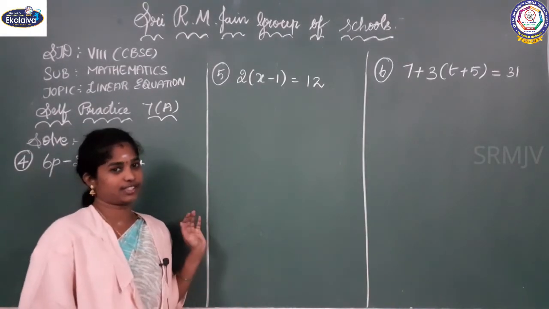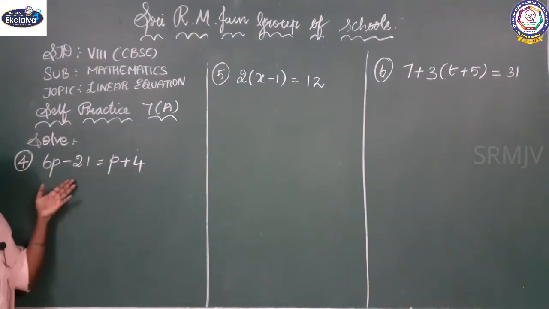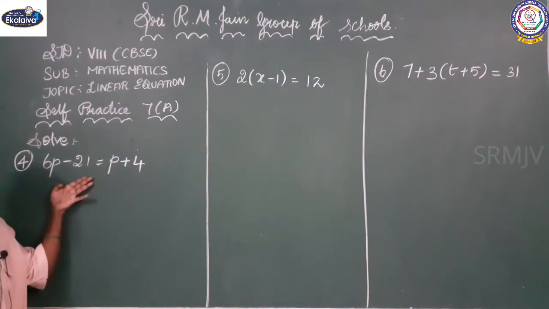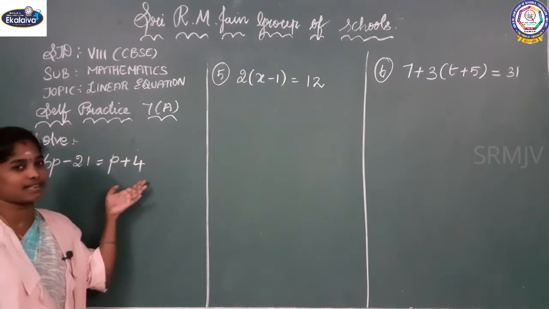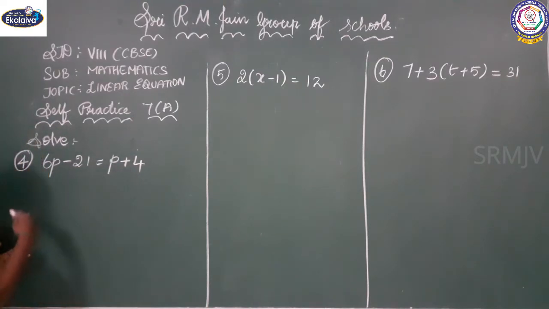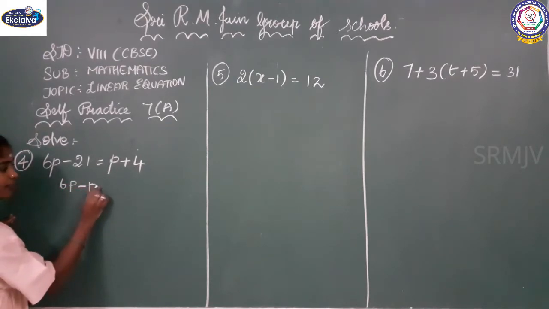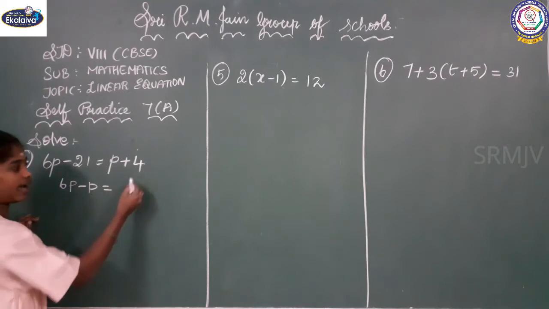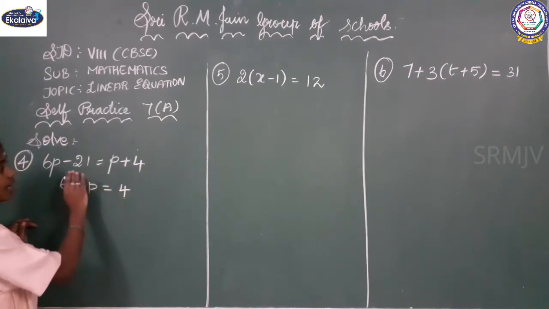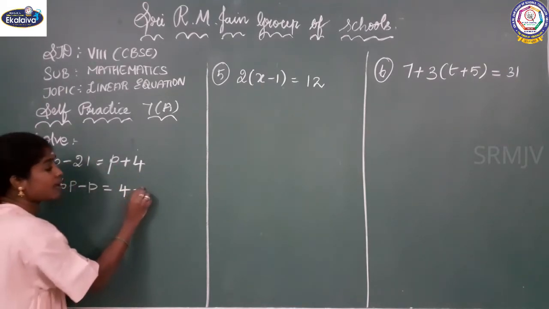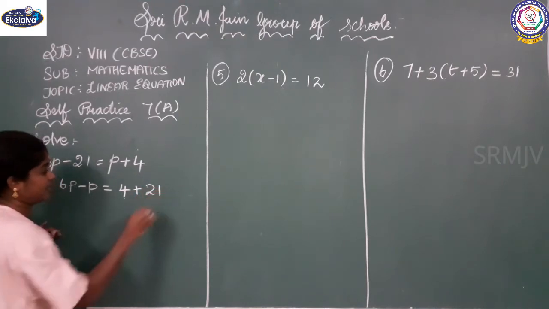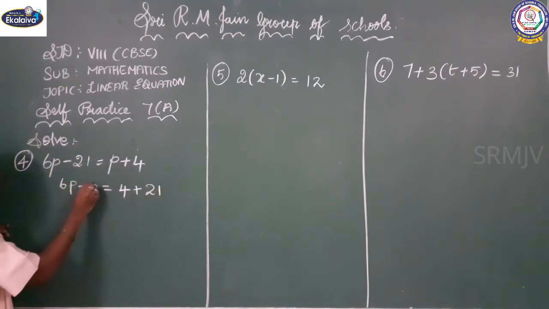Let us see fourth sum now. What is given? 6p minus 21 is equal to p plus 4. So I am going to bring all the p terms one side. So 6p and plus p becomes minus p is equal to, and here we have 4 and minus 21 becomes plus 21. So what is 6p minus p?